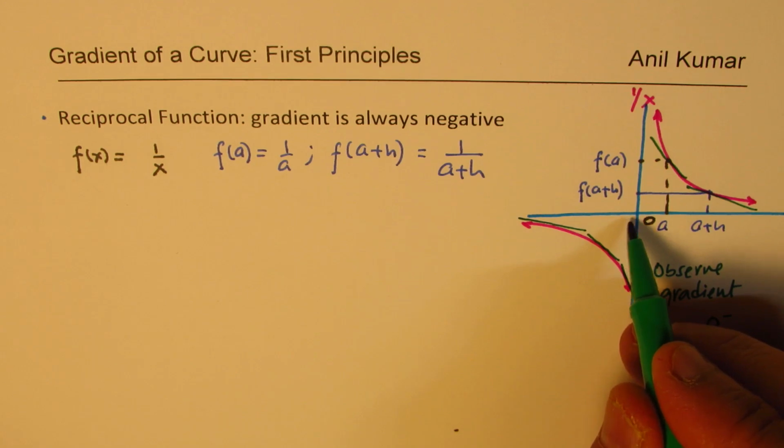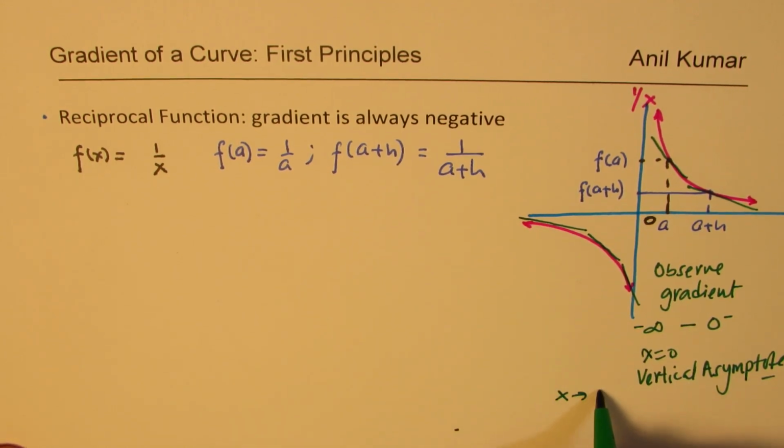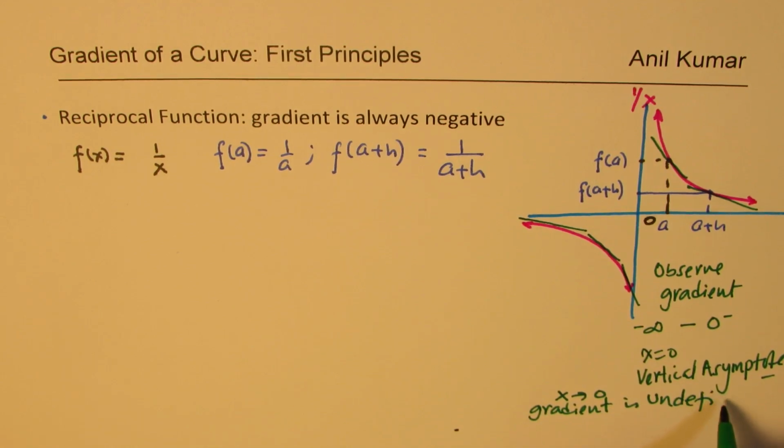So when you are approaching 0, the gradient is undefined. As x approaches 0, the gradient is undefined. Clear? So these are a few things which are important about the reciprocal function 1 over x.